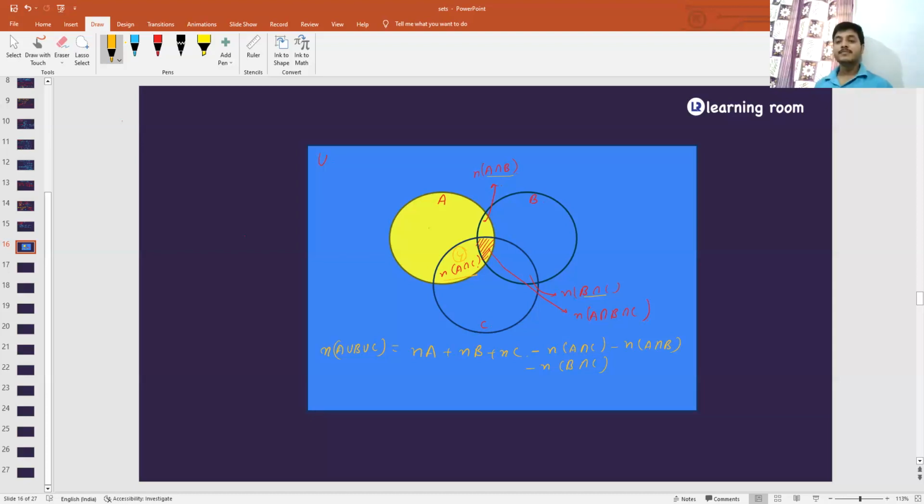Is there any problem? Is there any fault in this equation? Try to figure it out. There is some fault in this equation. A intersection B intersection C. You're going correct. Find the exact fault.